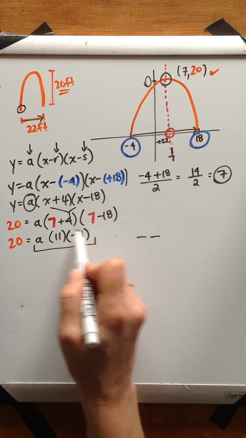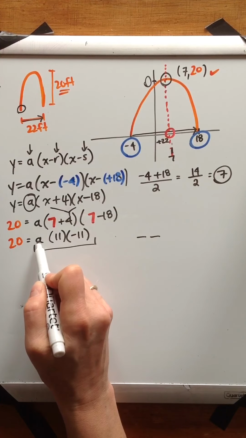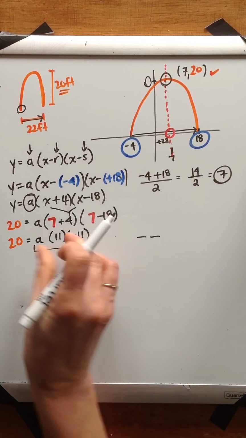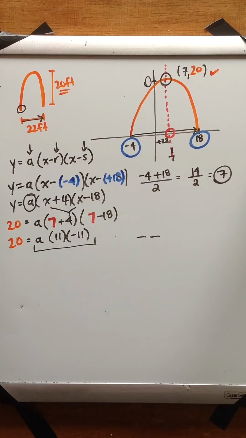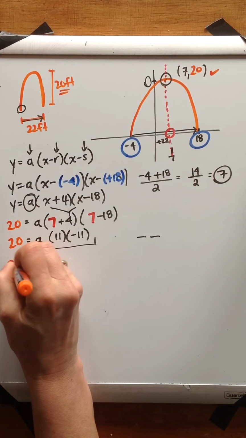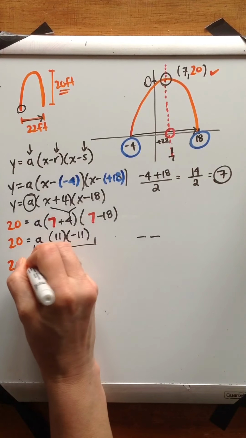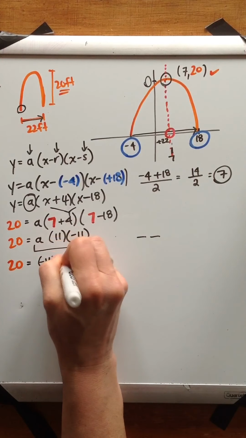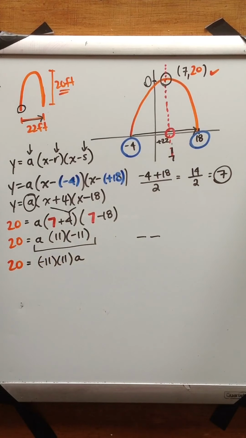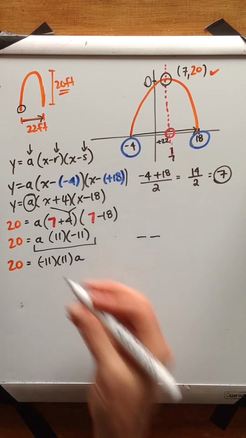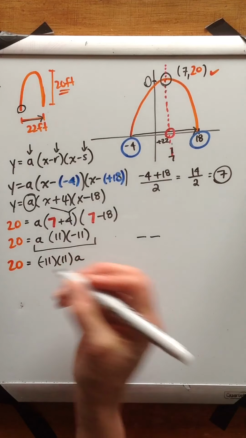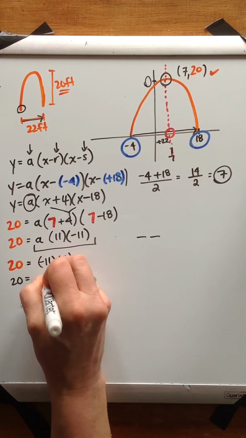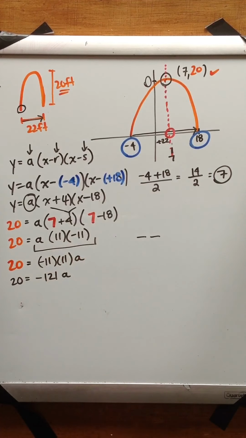It has the numerical piece at the end and the literal piece first. Nonetheless, they're still all being multiplied by each other. So we can change the order of this, and I'm going to include this here as an example so you can see how it works. We can do negative 11 times 11 times A, and then it becomes in a form that we're pretty familiar with. So 20 is equal to, well, negative 11 times 11 is negative 121A.